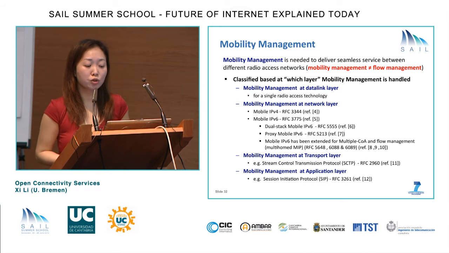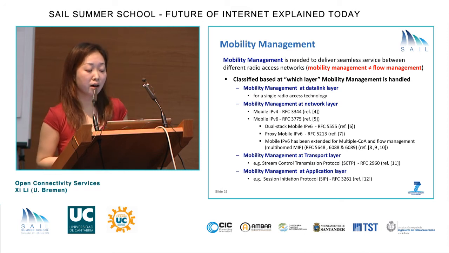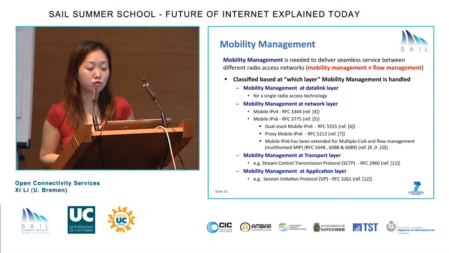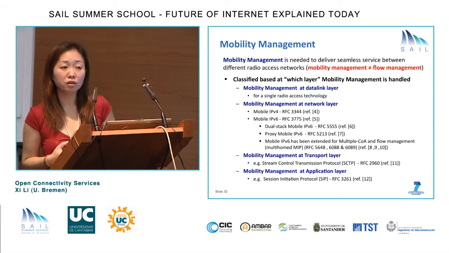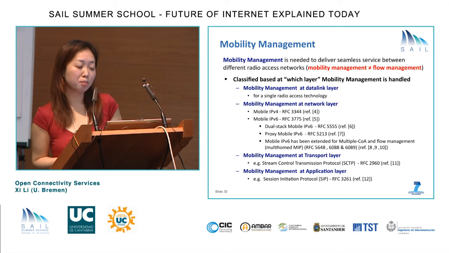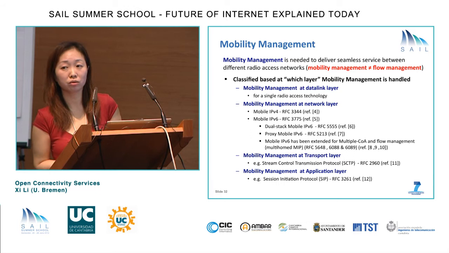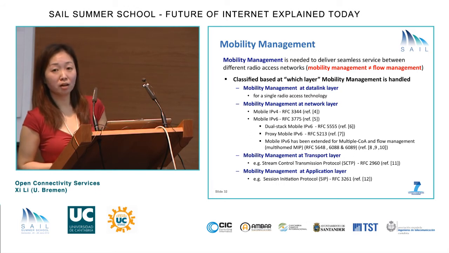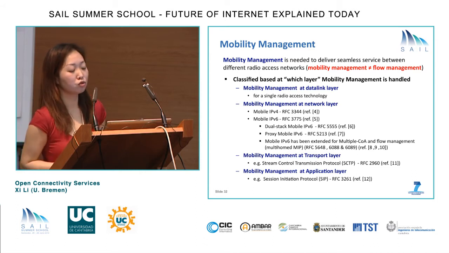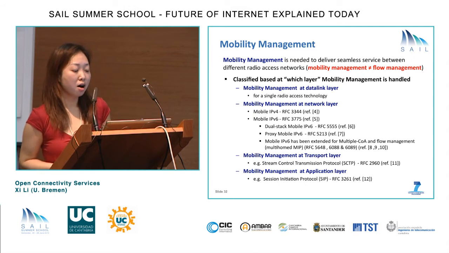In the literature, there has been a lot of research done in the area of mobility management, and there are different classifications of the mobility management functions. One of the important aspects is on which layer the mobility management is handled. In principle, mobility management can be handled at the data link layer, which is mainly for using only a single radio access technology.